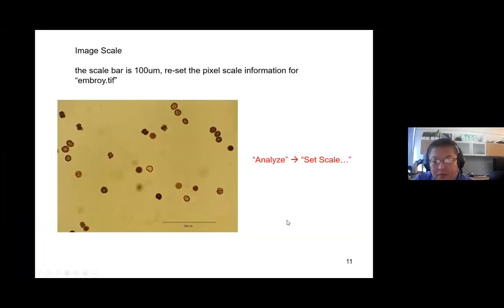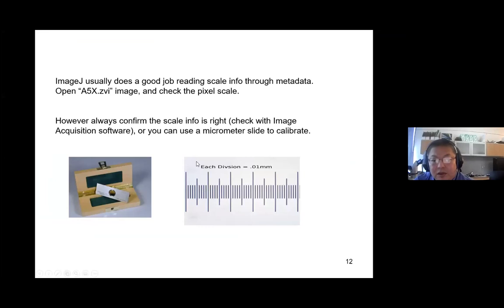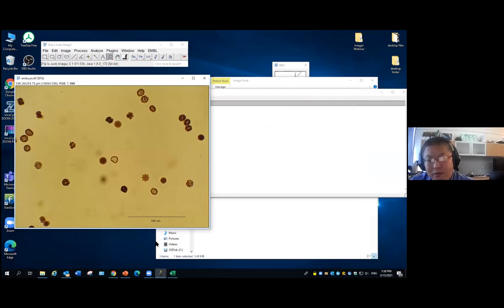You take a picture of the ruler under your microscope with exactly the same conditions as your raw image. Then you know what the distance is. Then you use the Set Scale function to get the pixel scale.